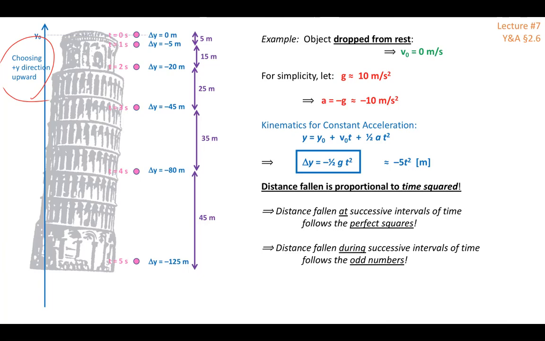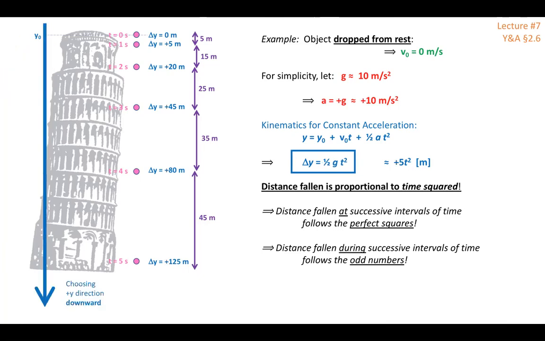Okay, if we chose the y direction downward, then yes, it turns out that many of the signs of things are going to change. The biggest motivator for that is the fact that now the acceleration is now pointing in the same direction as the positive y direction, because acceleration is always downward toward the center of the Earth.